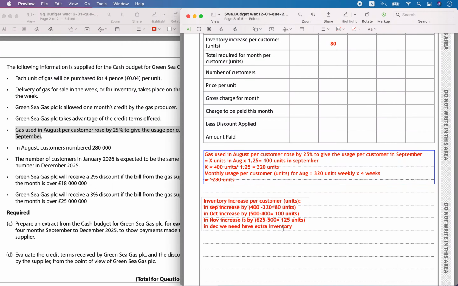they need to get an extra 125 units, and in the month of December they would have been left with 625 units. Okay, 625 units, but we can see that for January it's the same and we will close, so you will not need any extra inventory left for the month to be carried over to the next year.